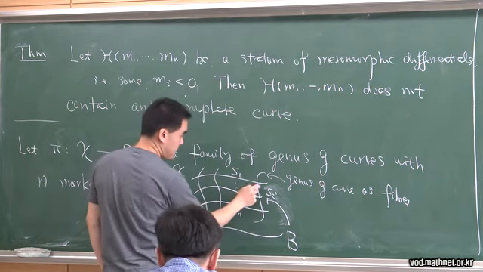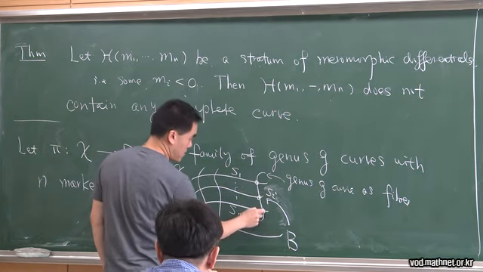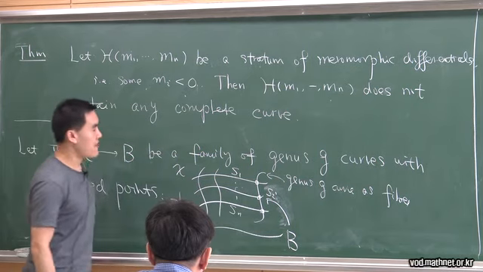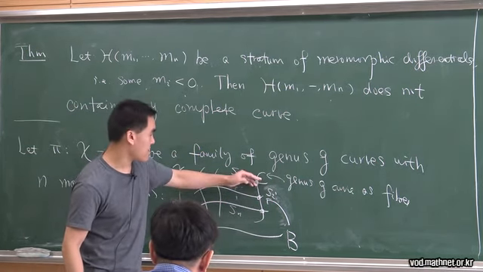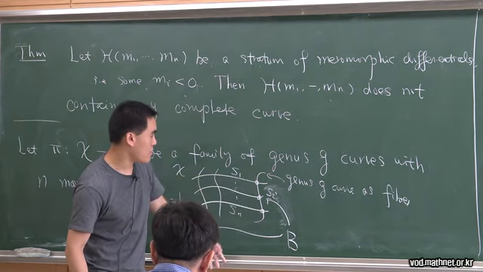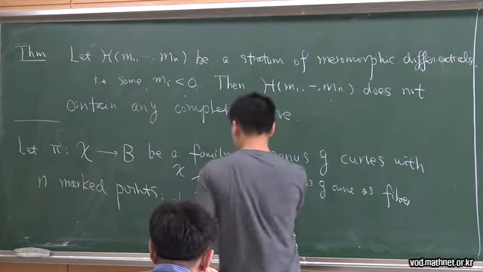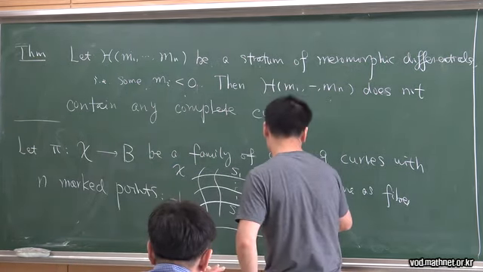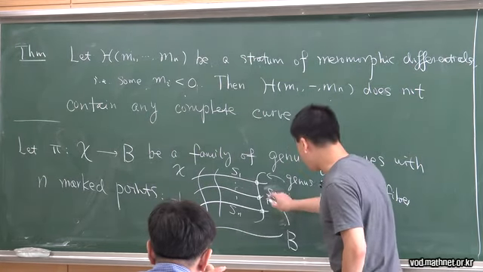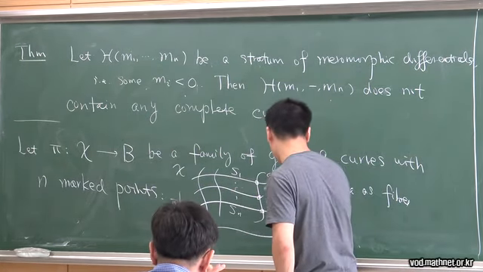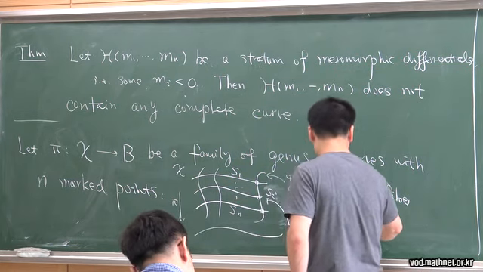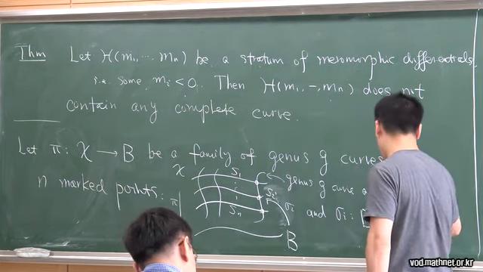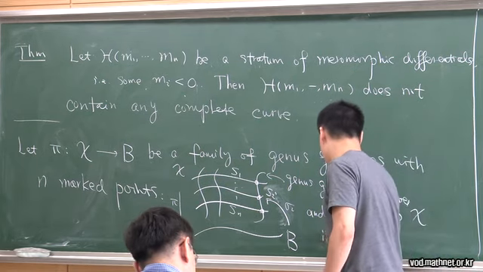Now you think of this section and the intersection on each fiber, and each fiber gives you an n-pointed curve, right? This is a genus g curve, I have n sections, so there are n intersection points. So let's call this map from B to each section S_i, sigma_i, from B to X, for i.